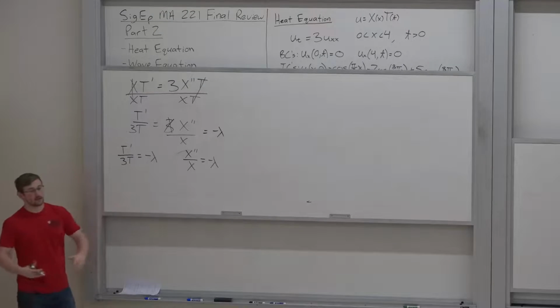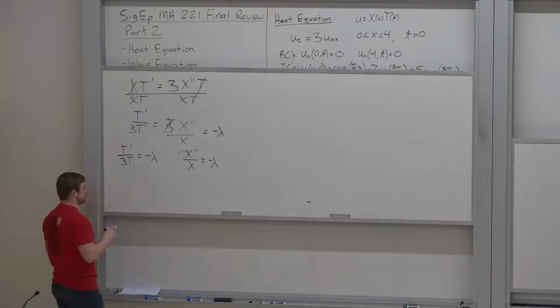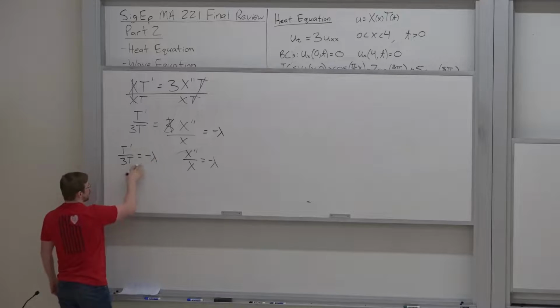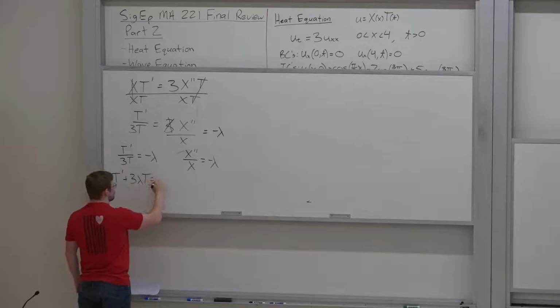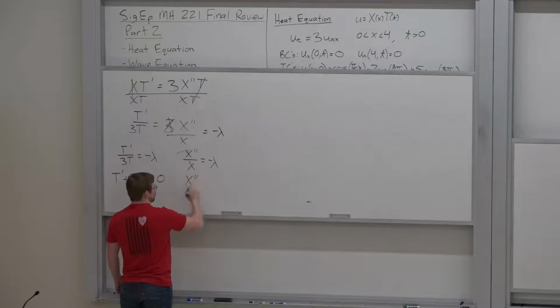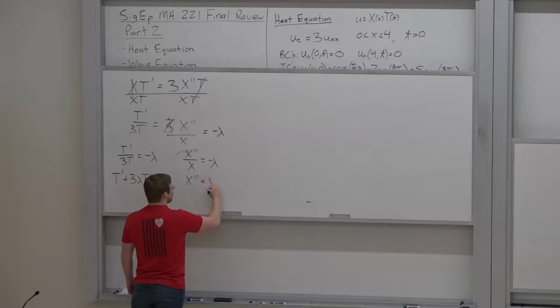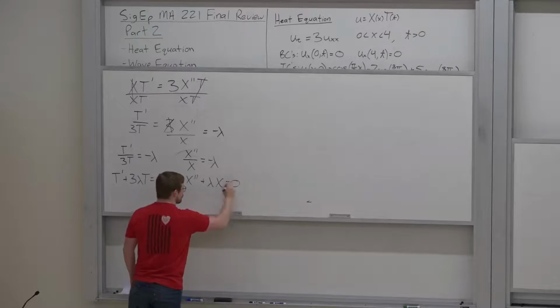From those, I can write an ordinary differential equation for each one. So I multiply the 3T over, and then I add it back to the left side, and I get capital T prime plus 3 lambda capital T is equal to 0. And for my x's, I get capital X double prime plus lambda X is equal to 0.